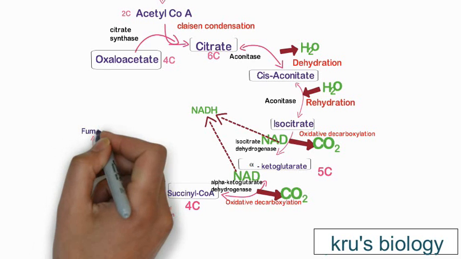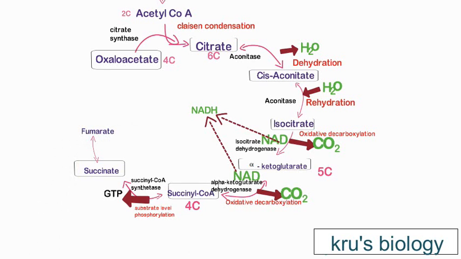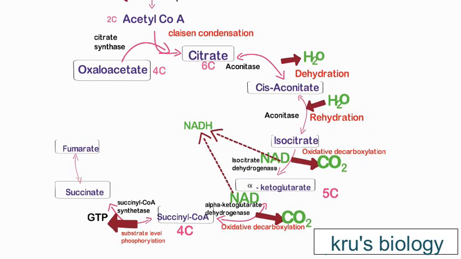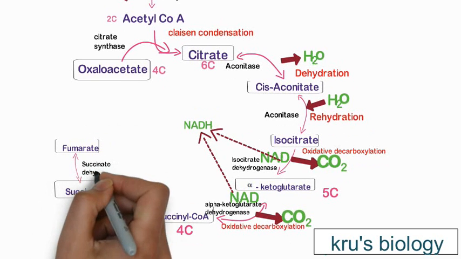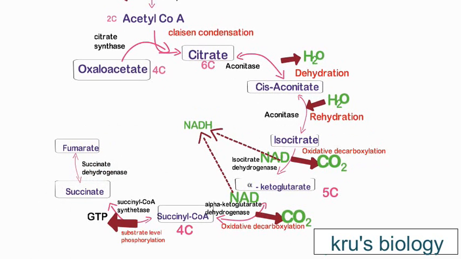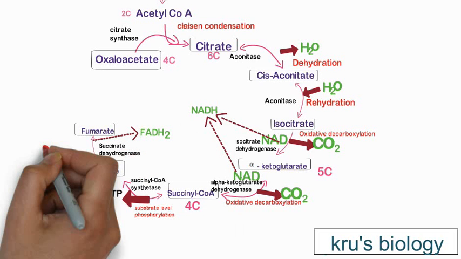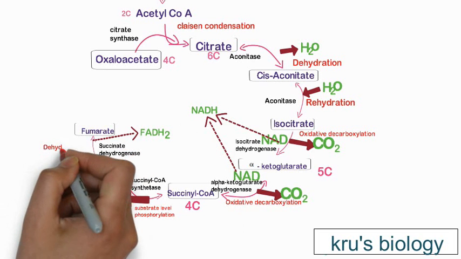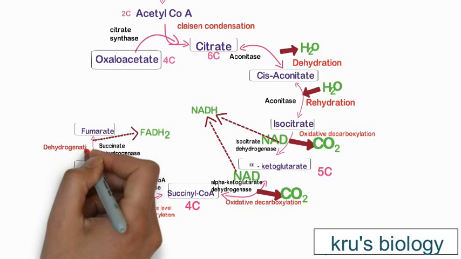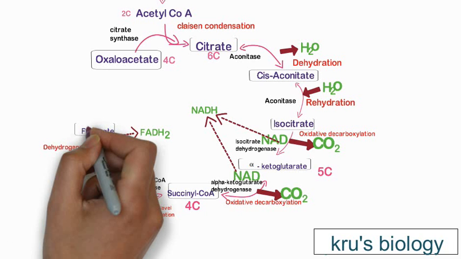Then succinate gives rise to fumarate by the enzyme called succinate dehydrogenase. This process gives rise to one FADH2 molecule, and it is also called a dehydrogenation process.